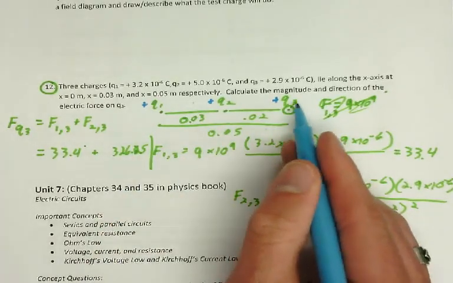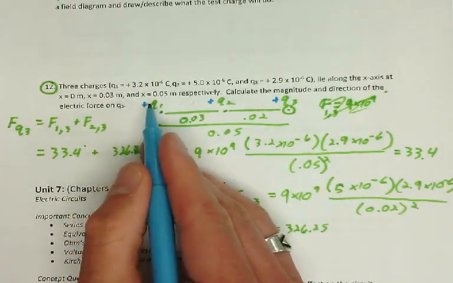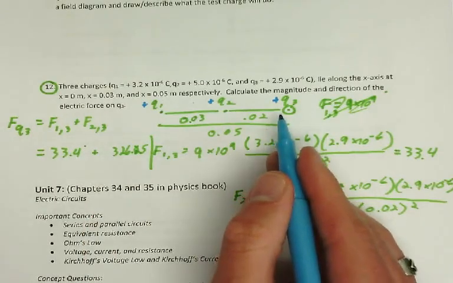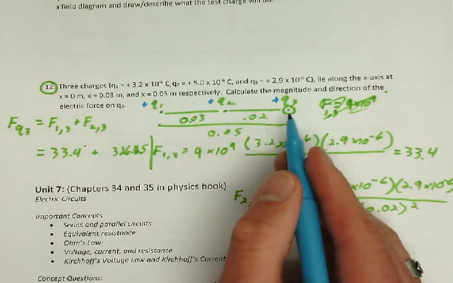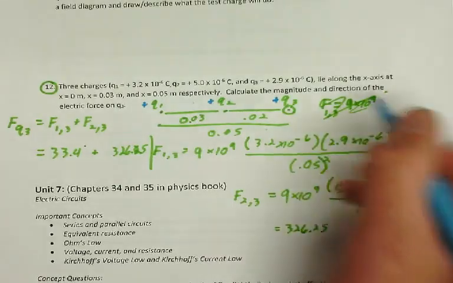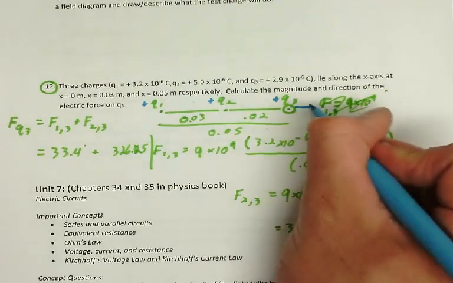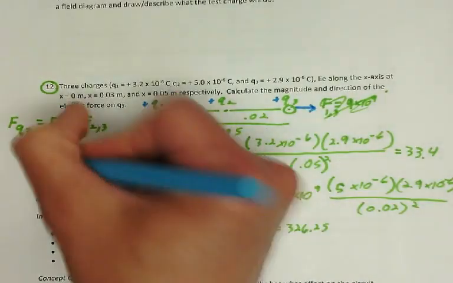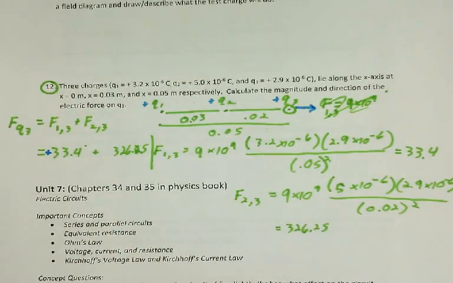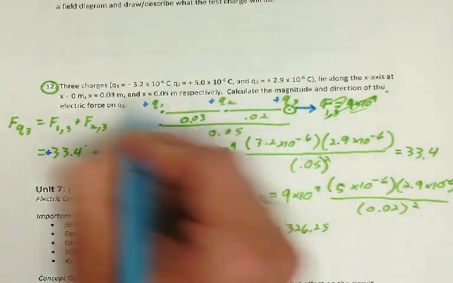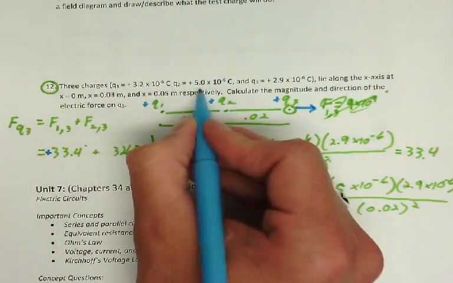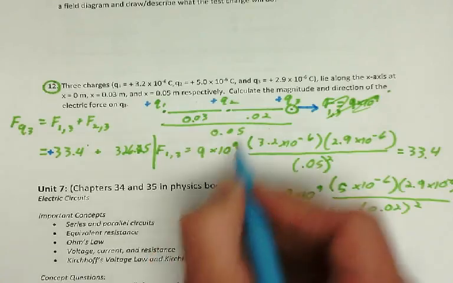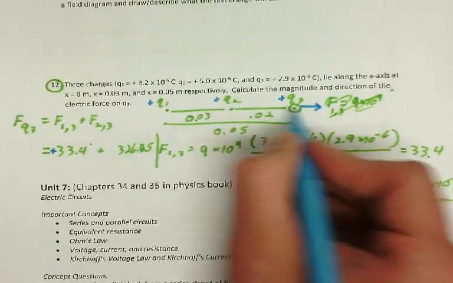Q3 is positive, Q1 is positive. Q1 will repel because like charges repel. Which way will it go to get away from Q1? To the right. So this would be a positive 33.4. Q2 and Q3 are both positive.